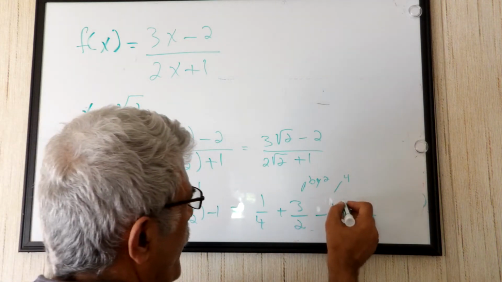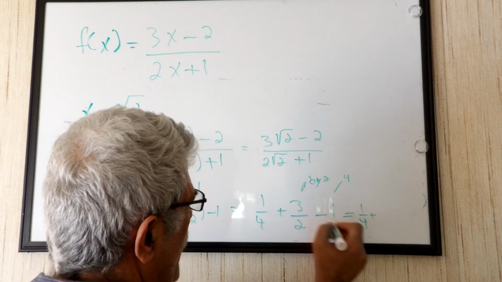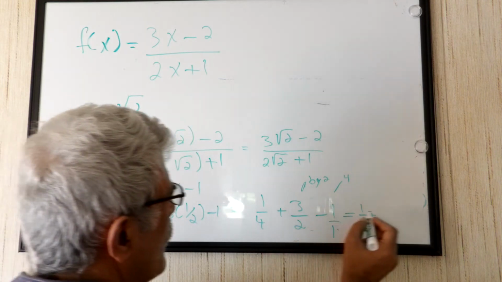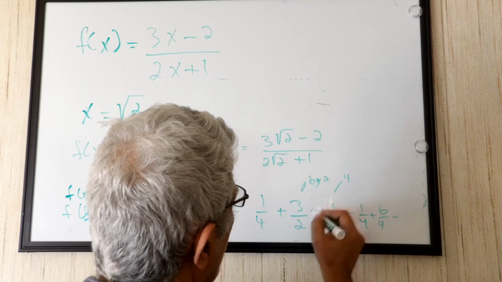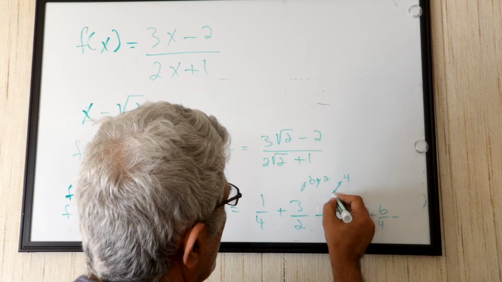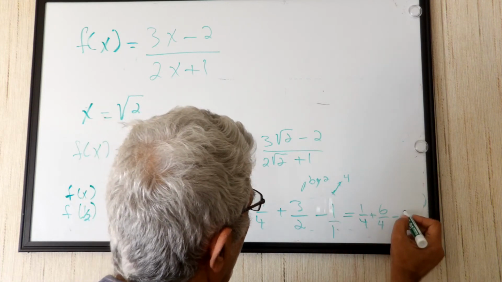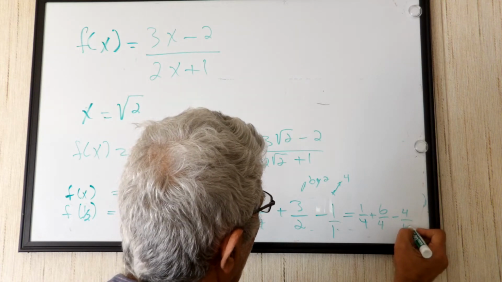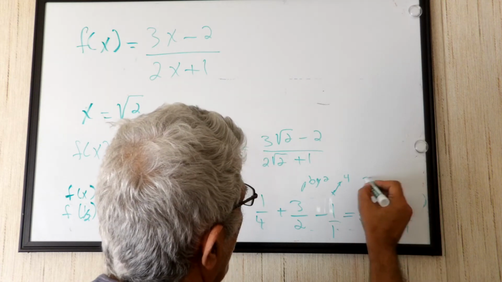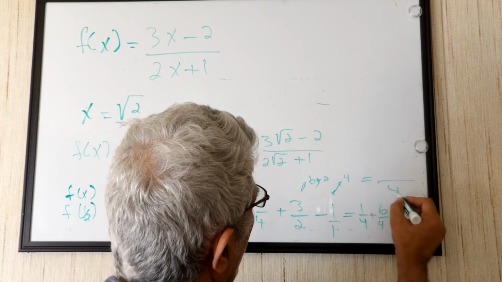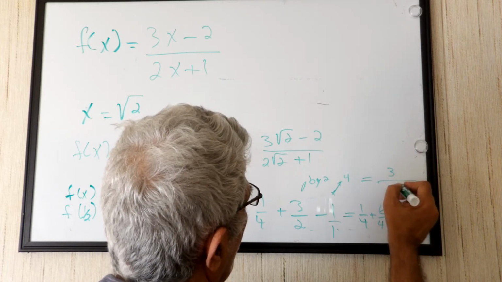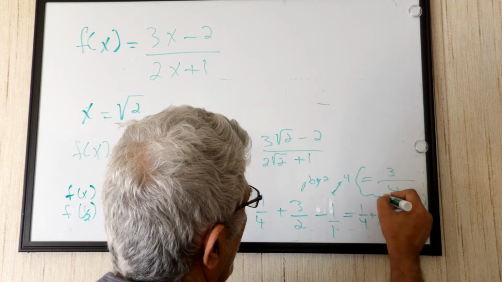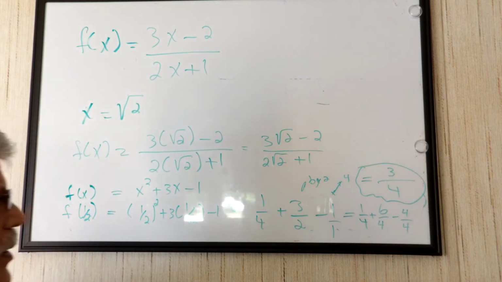By 2 is going to be 6 over 4, and then minus, we multiply this numerator and denominator by 4, is going to be minus 4 over 4. So 1 plus 6 is 7, 7 minus 4 is going to be 3 over 4. So the answer is going to be this.